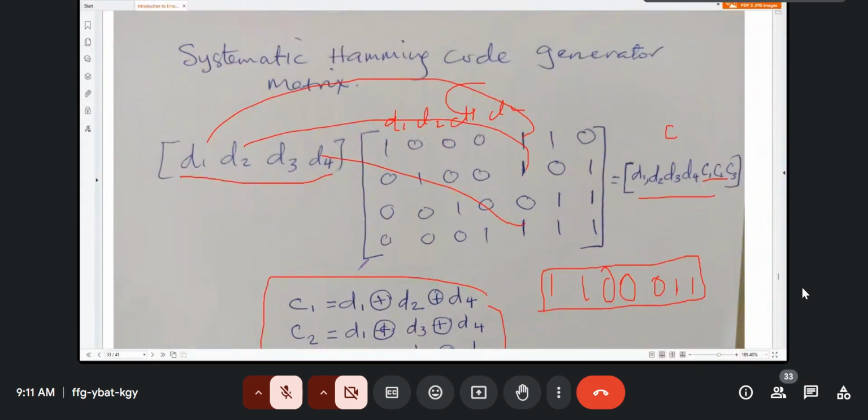You see, our generator matrix is the other way around. That's why I was trying to do this and it's not coinciding. It won't correspond because I've used a different generator matrix where the identity matrix is coming first and the P is coming next.